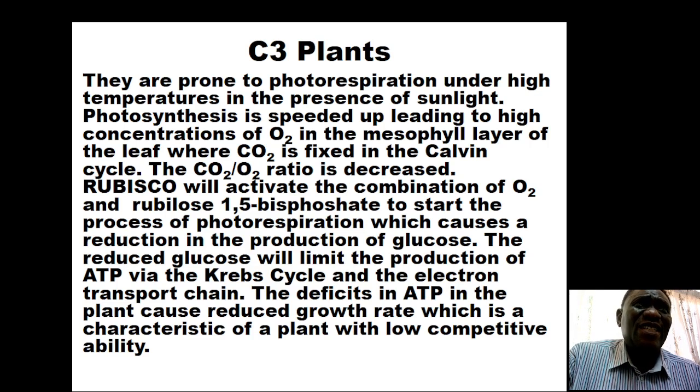So it is the conditions, or the environment, especially high temperatures, which can make the C3 plants inefficient in producing carbohydrates, and then they become less competitive due to reduced growth rates.